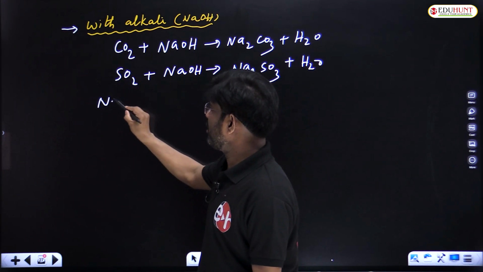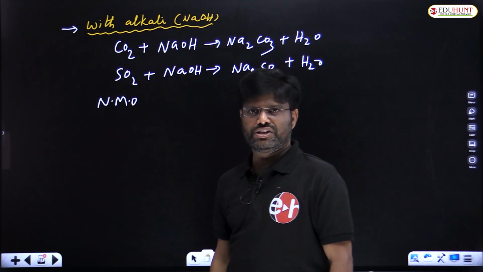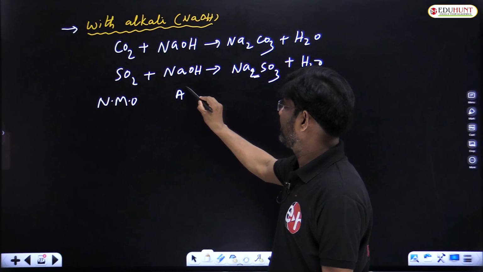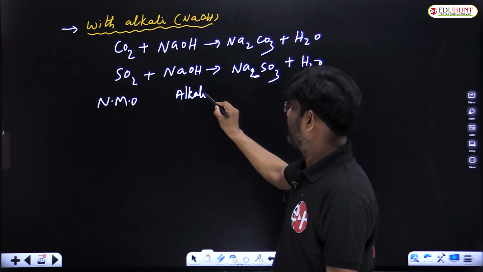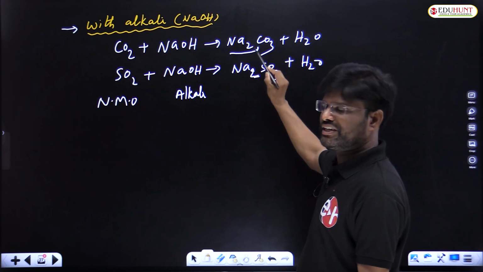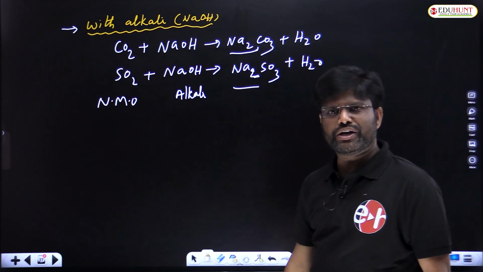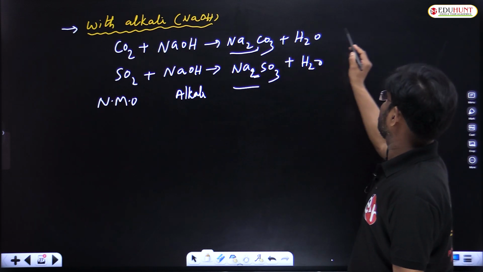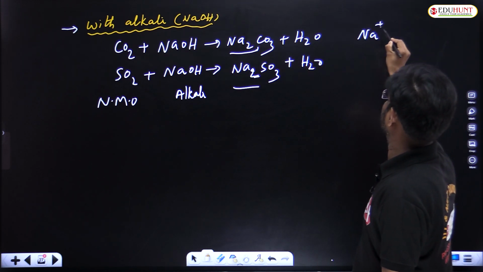These two are non-metal oxides that react with the alkali and form sodium carbonate in the first equation. In the second equation, sodium sulfite, Na2SO3. Here the sodium charge is plus 1.